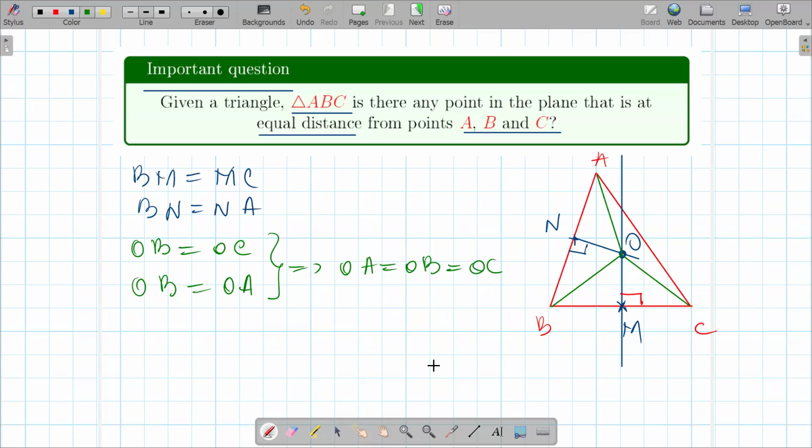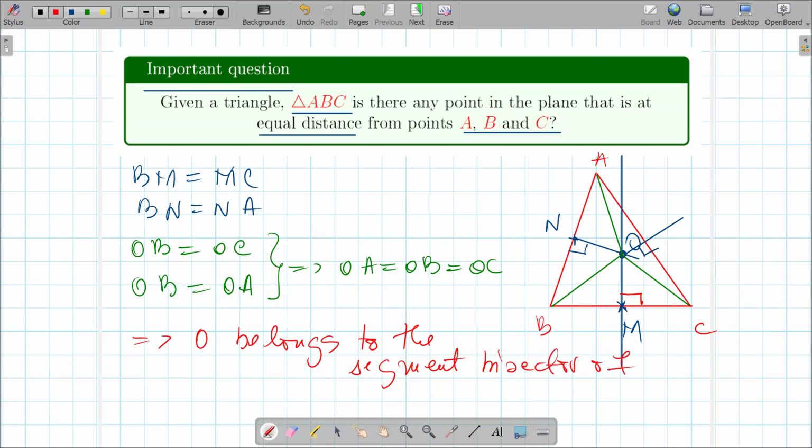And this actually leads to two very important conclusions. On one hand, OA is equal to OC, which means that if we construct the perpendicular from O onto AC, just because OA is equal to OC, this means that point O belongs to the segment bisector of segment AC.